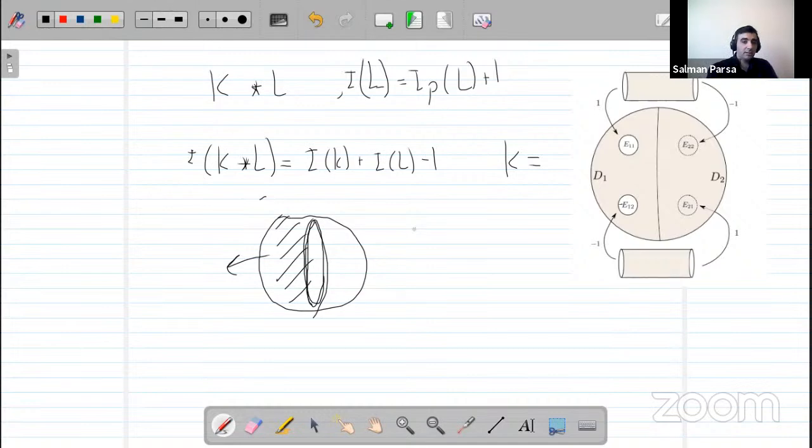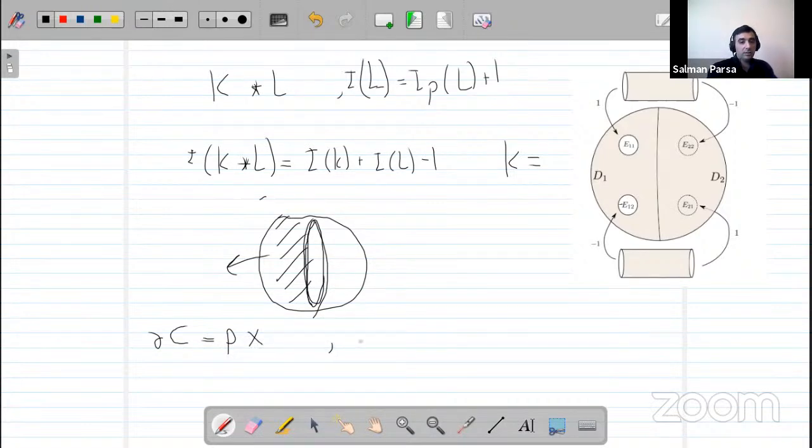So the condition that K needs to satisfy is that the chain that certifies that the obstruction is 0 has to have boundary of C equal to 0 mod 2, or mod P here. So let's say it has to be P times some X, right? So this means that it's 0 mod P.